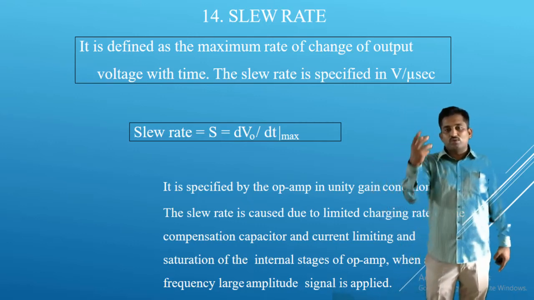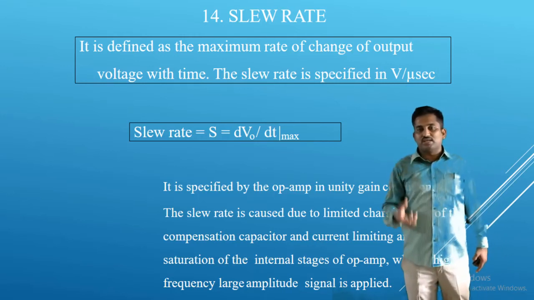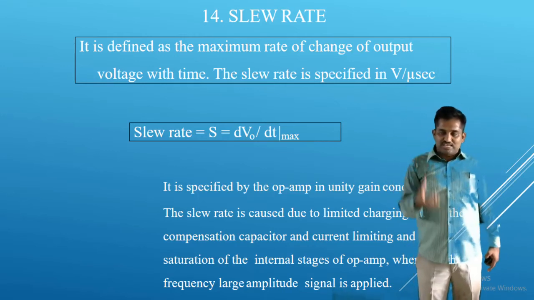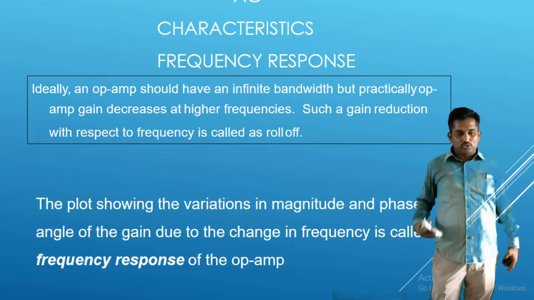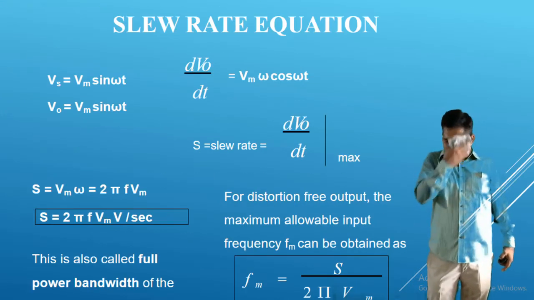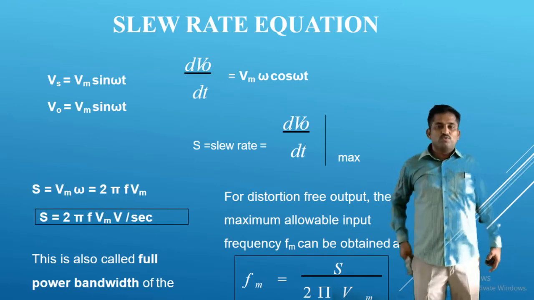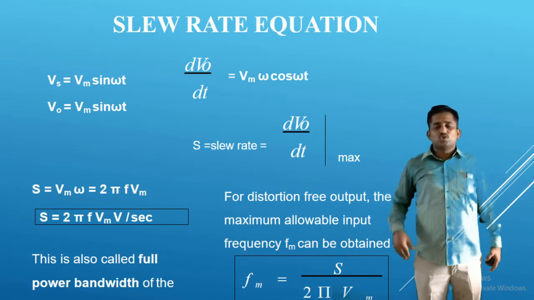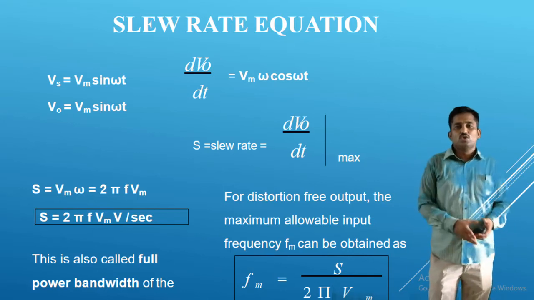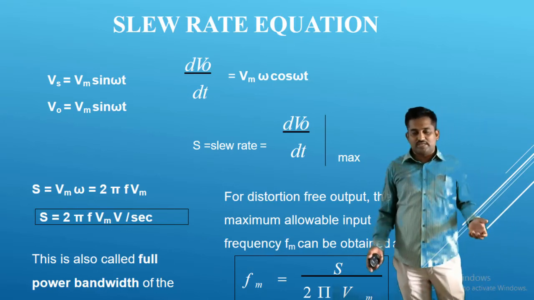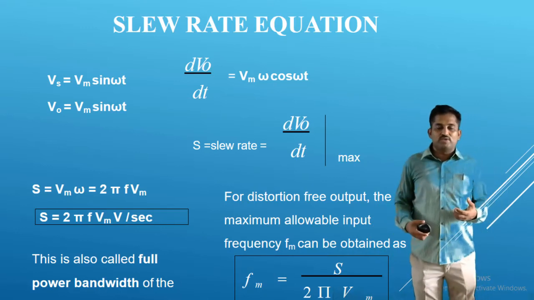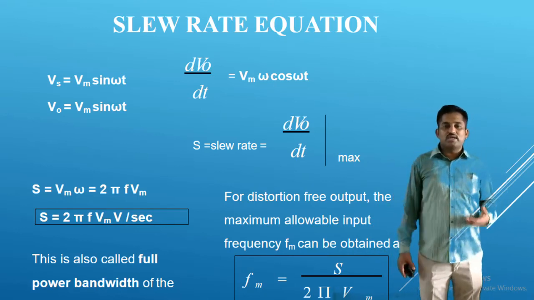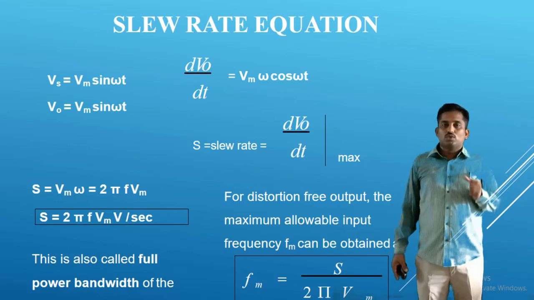Whenever we consider dV0 by dt, the input is varying with respect to time. So I am considering Vin is equal to Vm sin omega t. So obviously V0 is equal to Vm sin omega t, and dV0 by dt max gives Vm into omega, where omega is equal to 2 pi f.